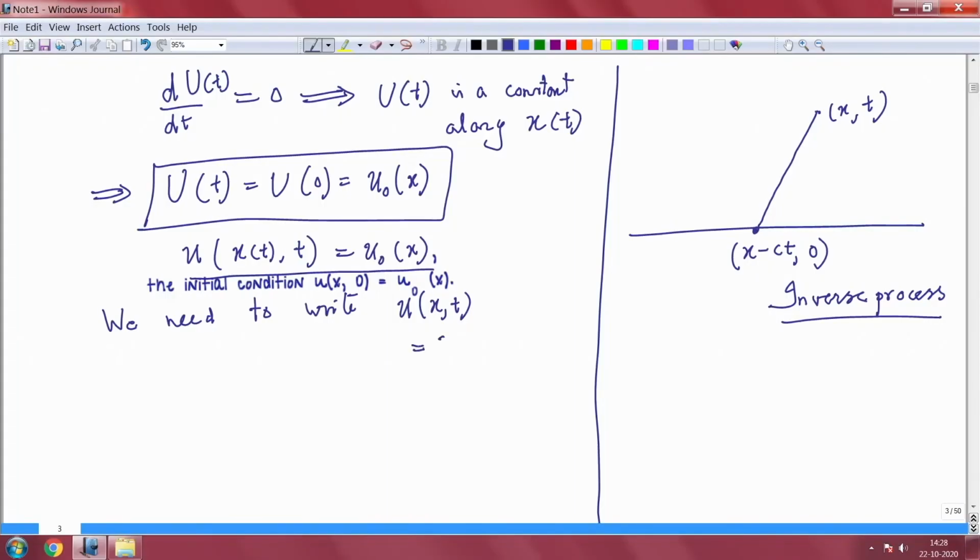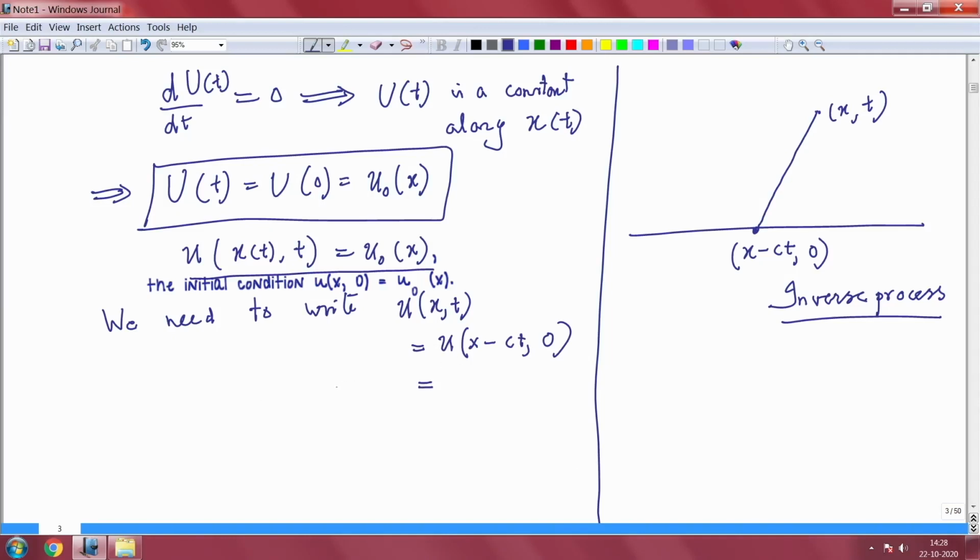So, that way you can write that u(x, t) is equal to u(x minus c t, 0), because along this curve it is constant. So, u(x, t) will be u(x minus c t, 0).